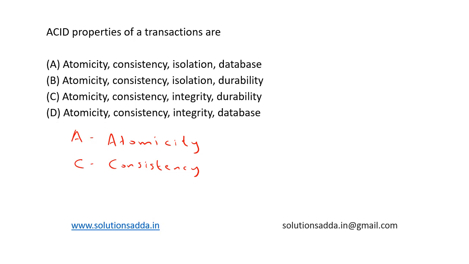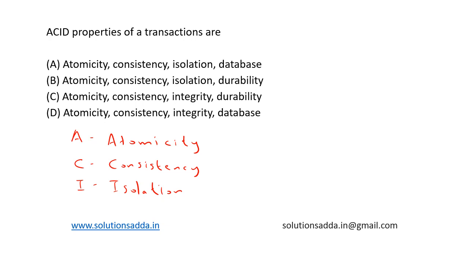So now let's see the options. All the options A, B, C and D have these two. Now let's see what is I. I stands for isolation. It means that every transaction should be performed in isolation so that no other transaction can see the intermediate result of any other transaction.